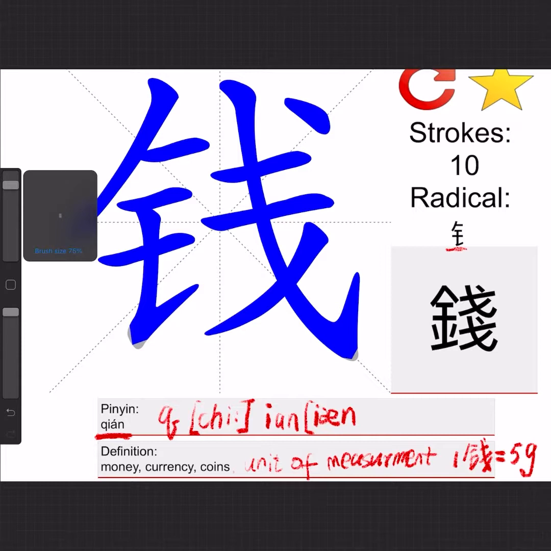And the second rule is it has to be left to right. That's the order, the basic 2 orders to draw a Chinese character. Now let me show you how this character Qian is drawn.